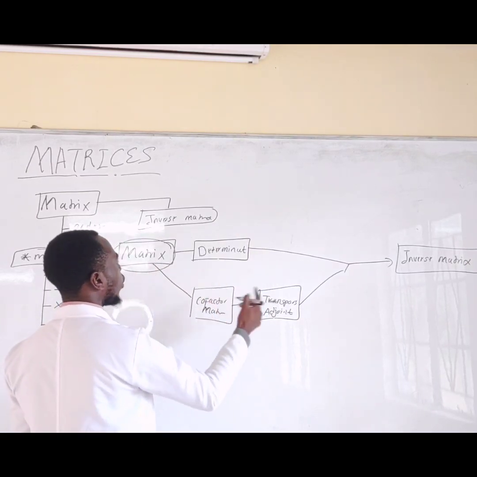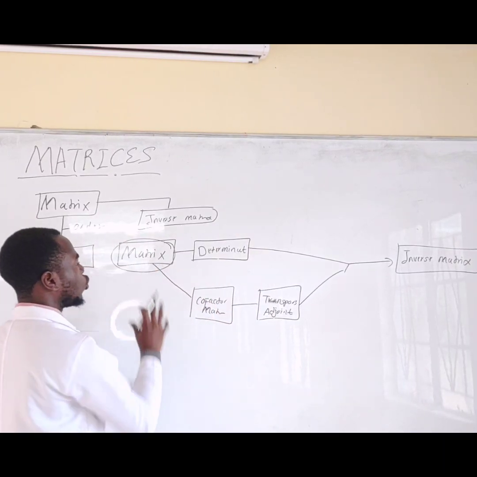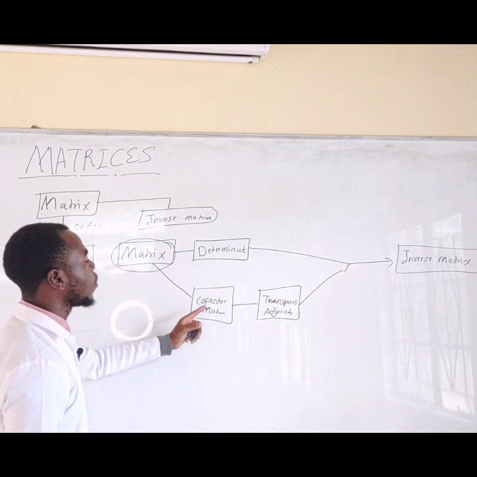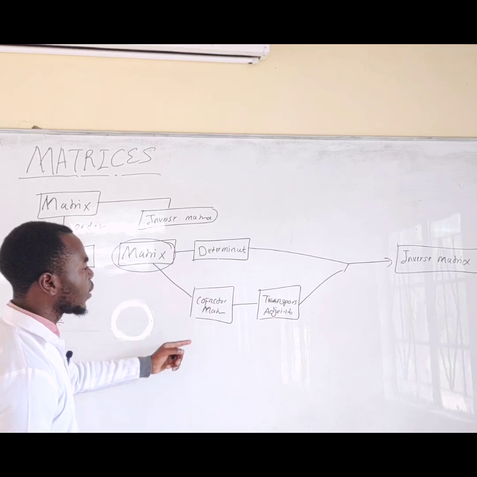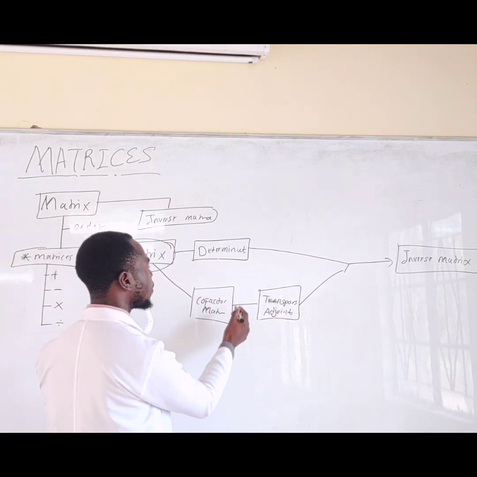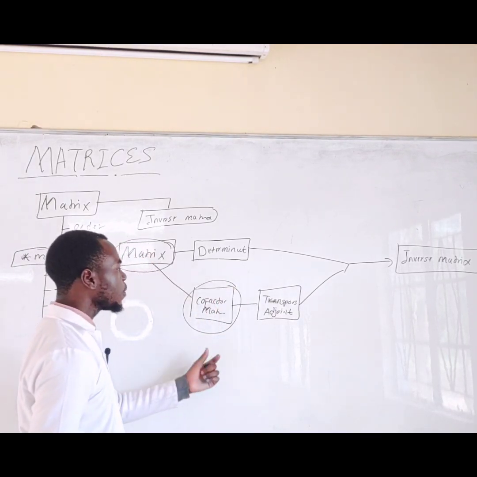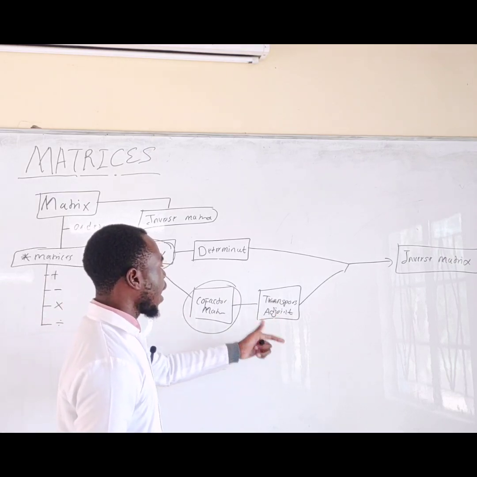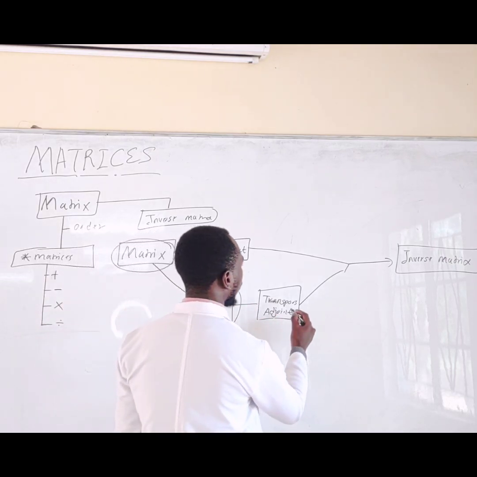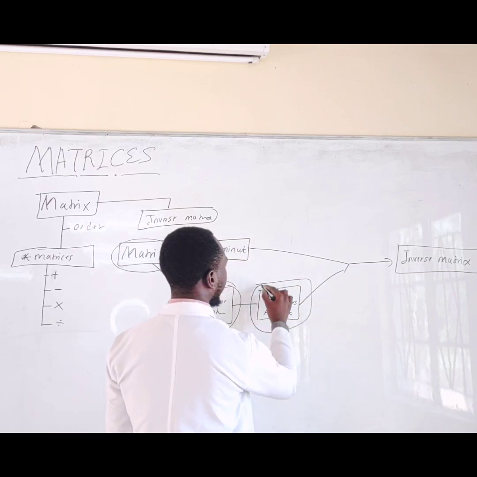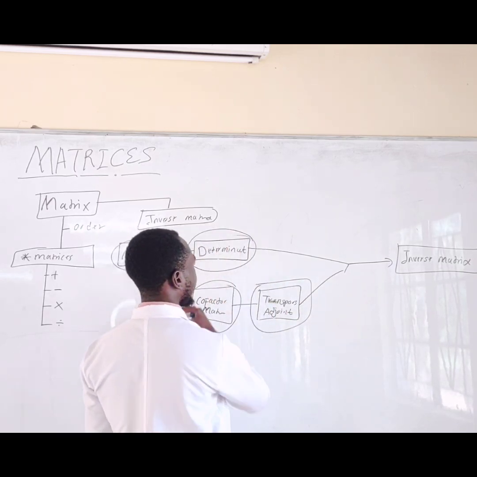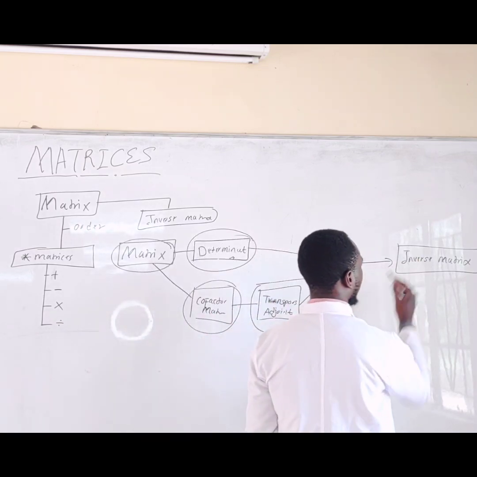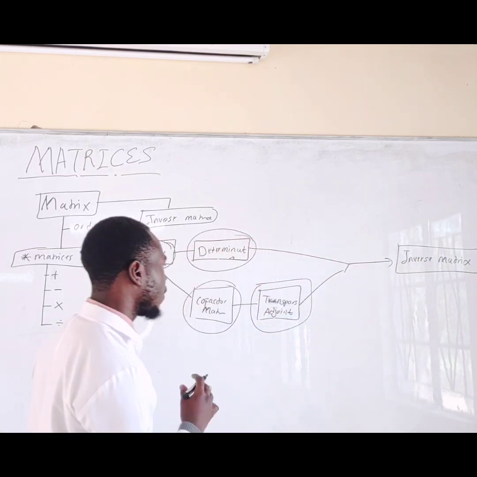Then you go back to your original matrix and find its cofactor. When you find its cofactor, you make the transpose of the cofactor, and the transpose of any given cofactor is what we call the adjoint. With that adjoint, you are going to make certain operations using the determinant. When you operate the determinant on the transpose, you produce the inverse of any given matrix.